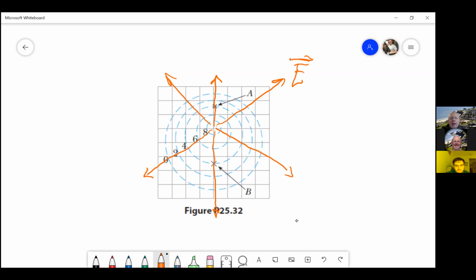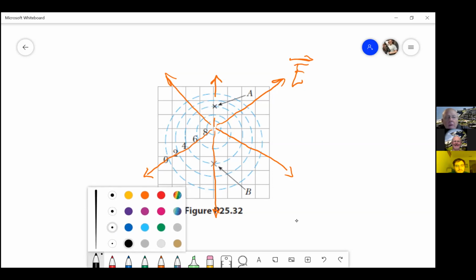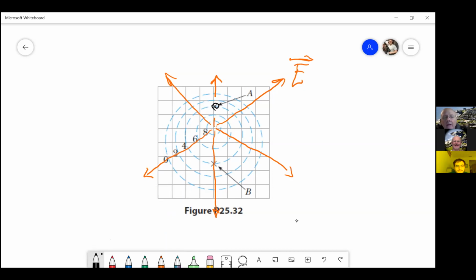So right here at point A, let me go to my black marker and circle point A. Then if you look to the line above A, that equipotential is a 2. The equipotential that point A is actually on is a 4. And the one underneath it is a 6.